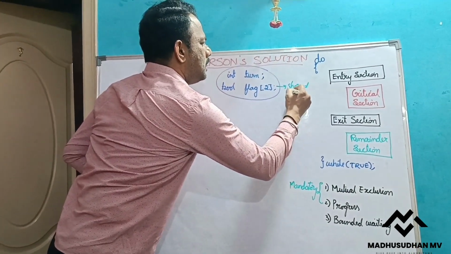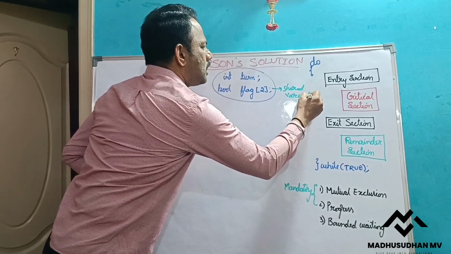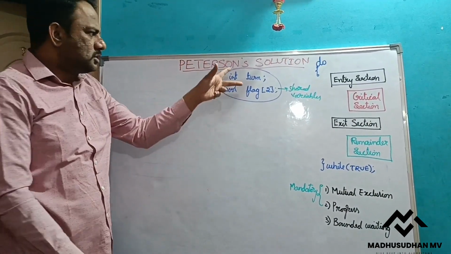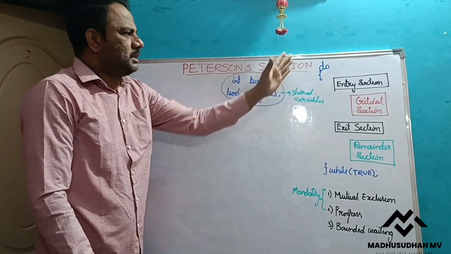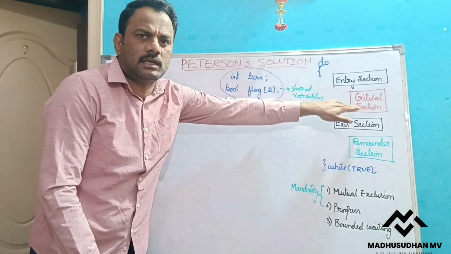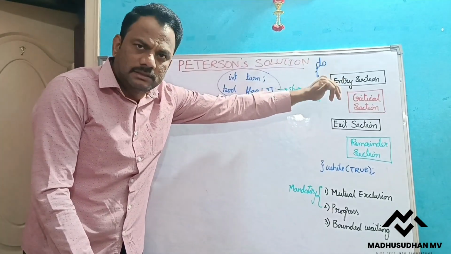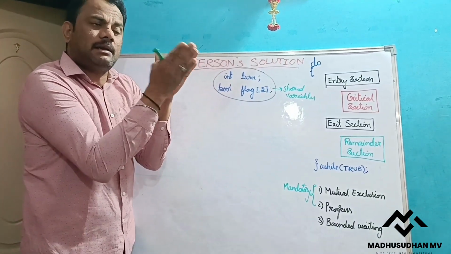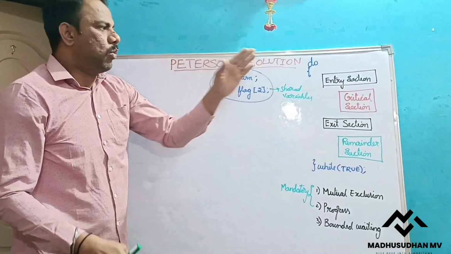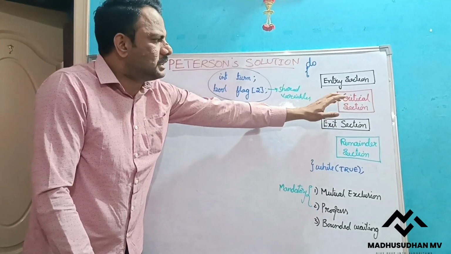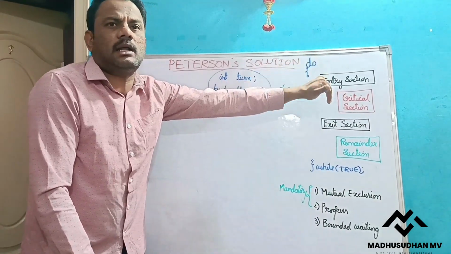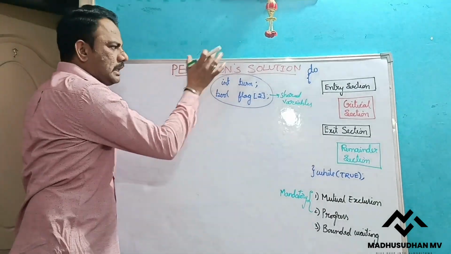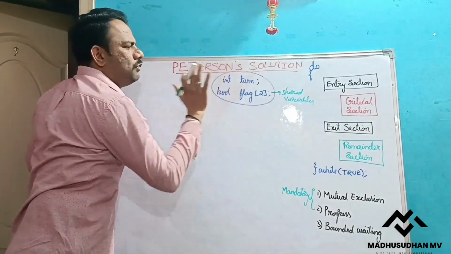Shared variable means these two variables are used by all the cooperative processes. Using these two only, they will check whether somebody is already in the critical section or not. If somebody is in the critical section, the other process has to wait until that process leaves. Once the currently running process leaves the critical section, then only another process can enter. Let us see how the Peterson solution implements this using these two variables.